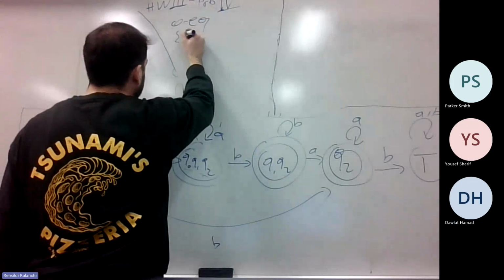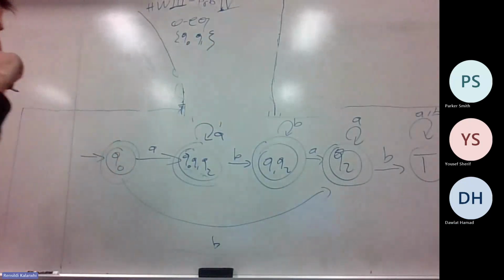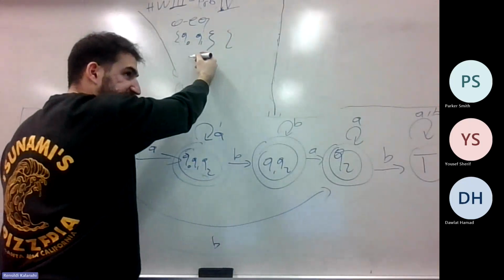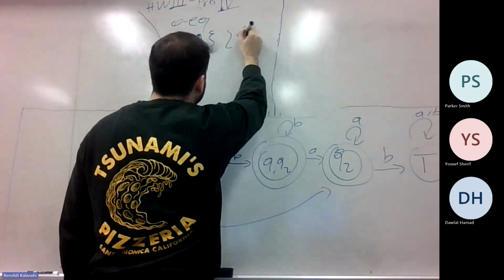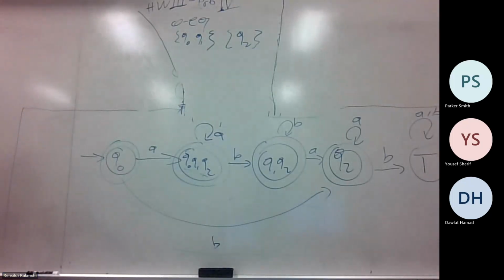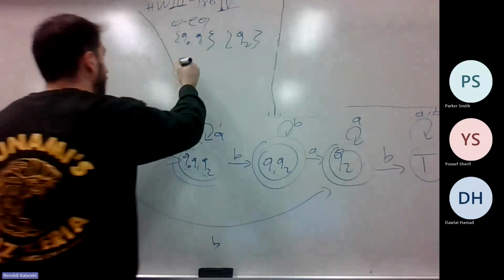So you do Q0, Q1 in the left set, and Q2 in the right set. And then you check, right? You do this first equivalence.